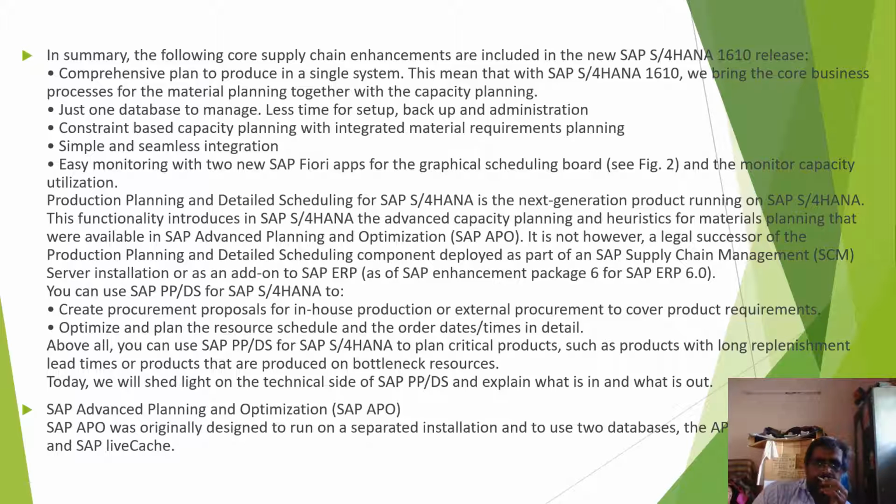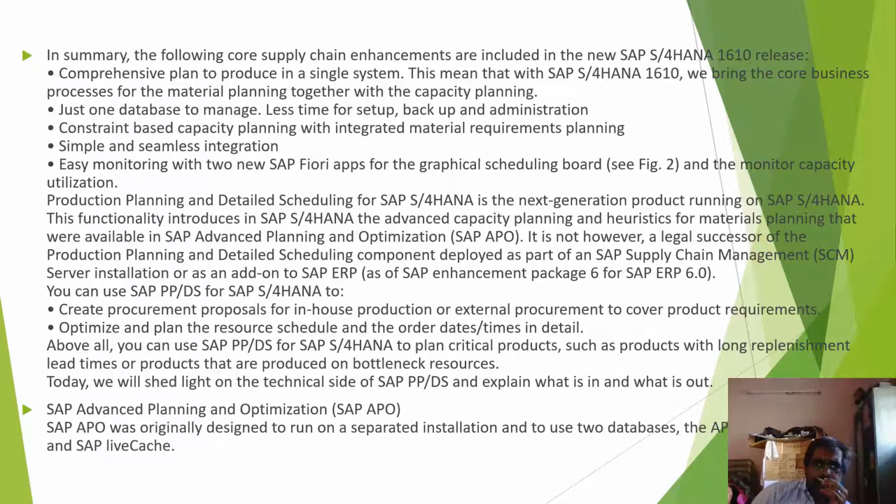Just one database to manage, less time for setup, backup, and administration. Constraint-based capacity planning with integrated material requirement planning, simple and seamless integration, easy monitoring with two new SAP Fiori apps for the graphical scheduling board, and monitor capacity utilization.